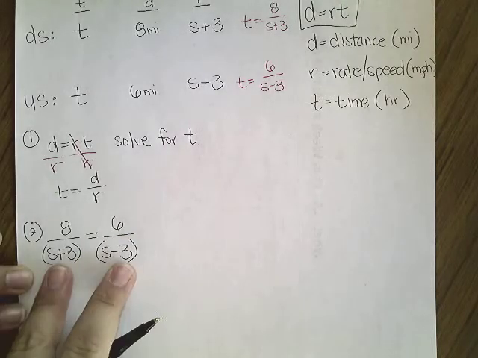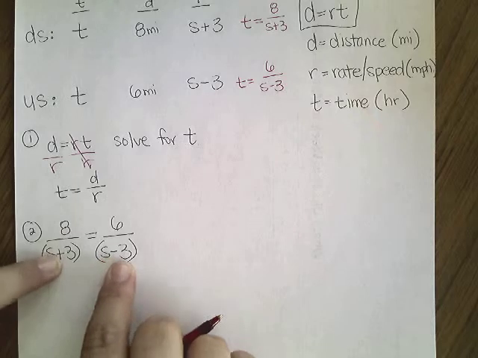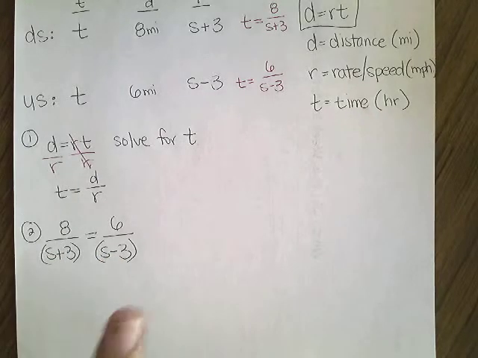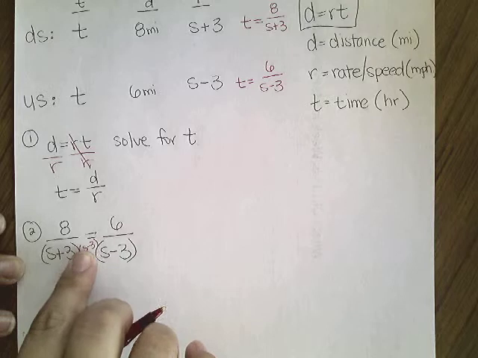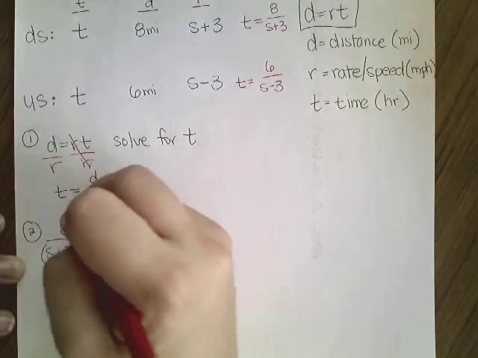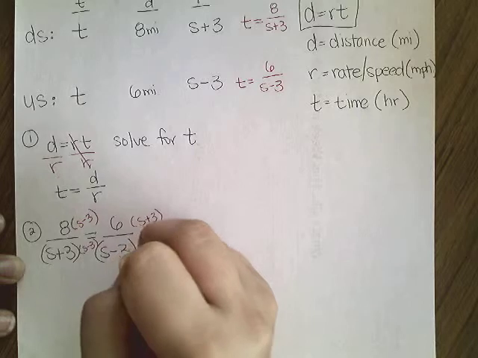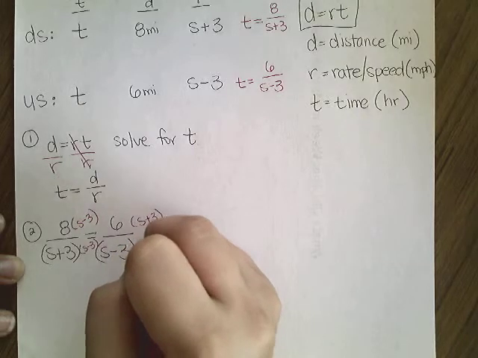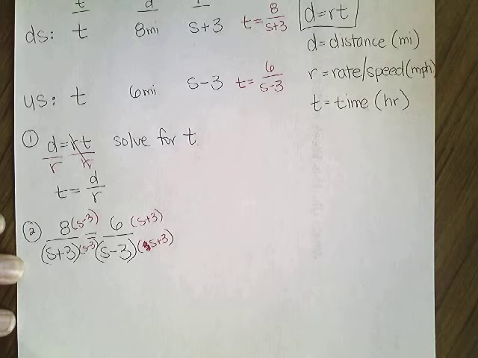They have no factors in common, so we need to multiply the denominators by each other to get a common denominator. Multiply by S minus 3, and whatever we do to the bottom, we do to the top. Here, multiply by S plus 3, and again, whatever we do to the bottom, we do to the top. That's a little mess up, and I don't have any white out.